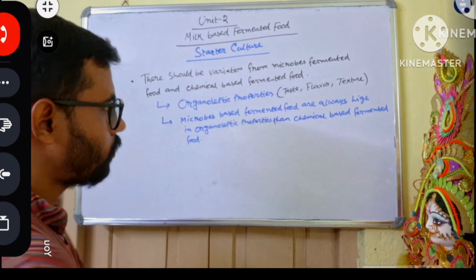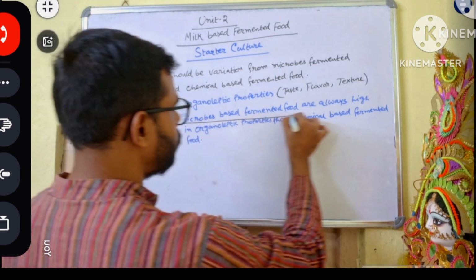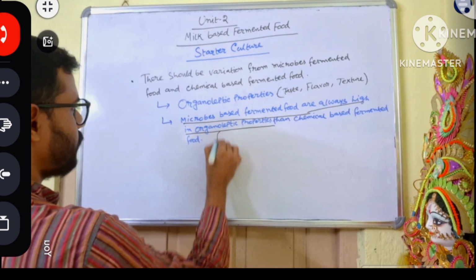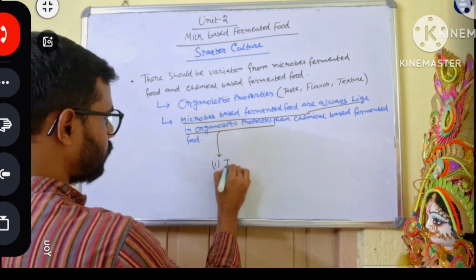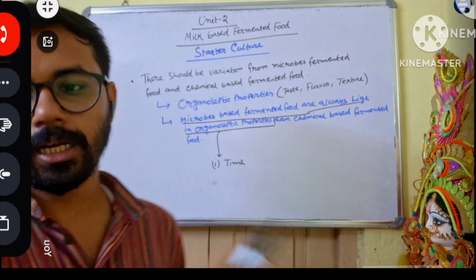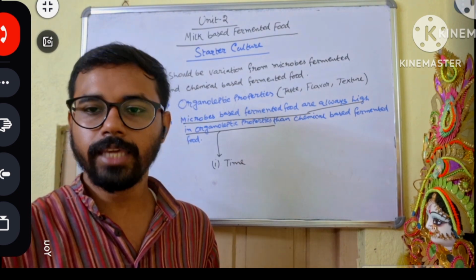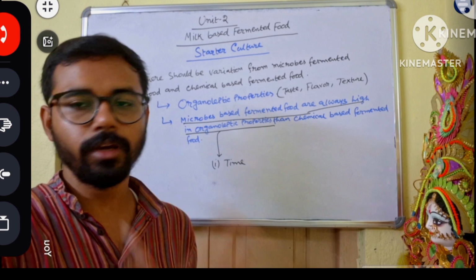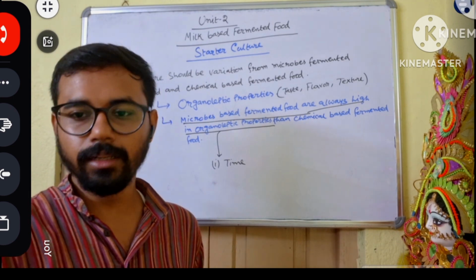One is time. Why is microbe-based fermented food always high in organoleptic property? The reason behind number one is we give the proper optimum time to ferment the product. But in chemical-based production, we try to achieve it faster, more rapidly, because of the yielding issue.